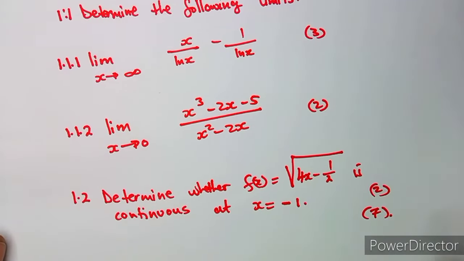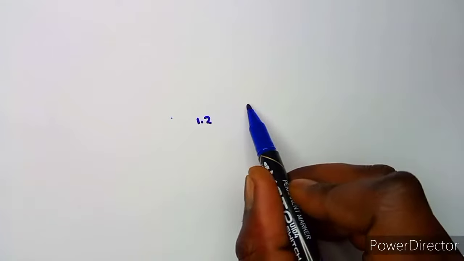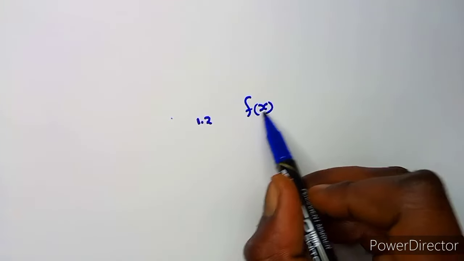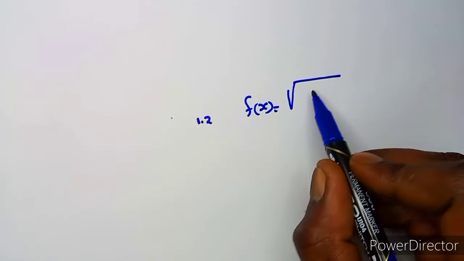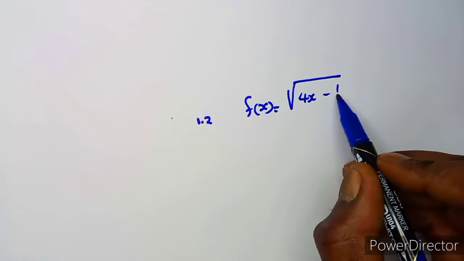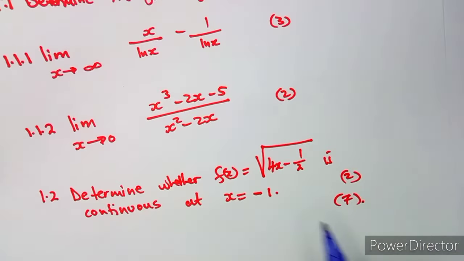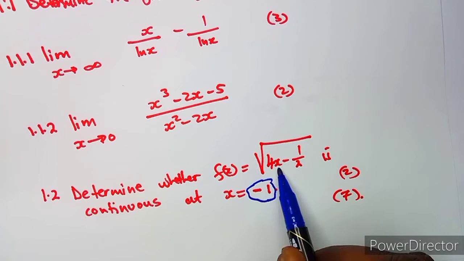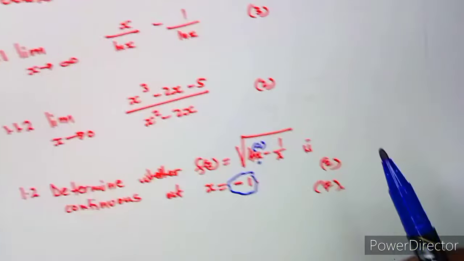And determine whether f of x, which is given as the square root of 4x minus a half, is continuous at x equals -1. And I explained about this part that when it is continuous, it must be exact. So this one, is it going to give us an exact value? That is the question now. All right, so let's see. If x is equivalent to -1, that means in place of x here, I'm going to substitute -1.